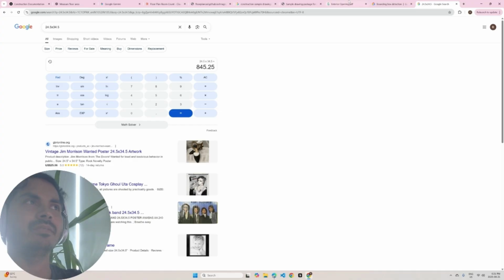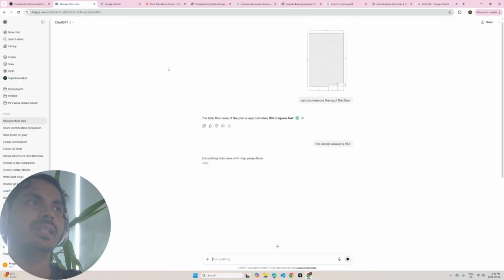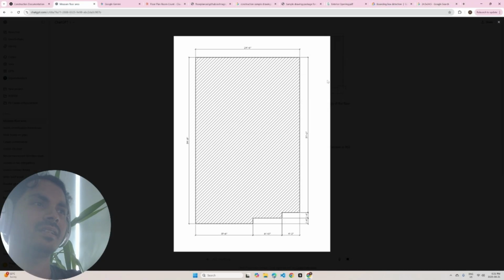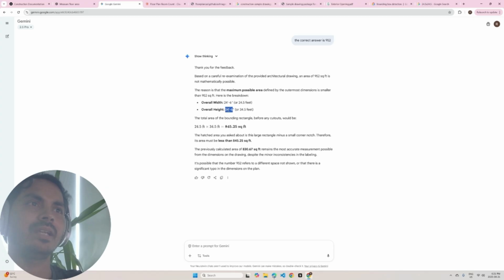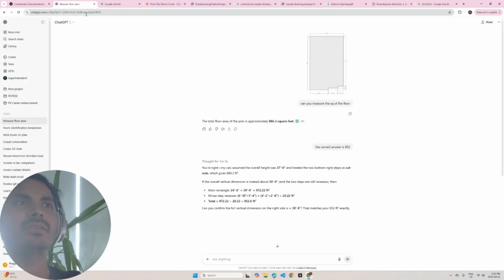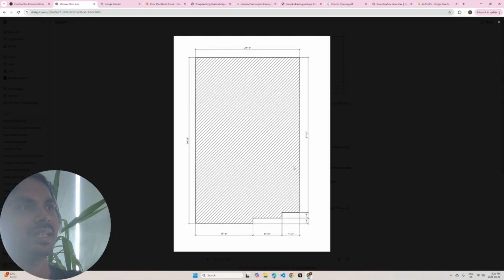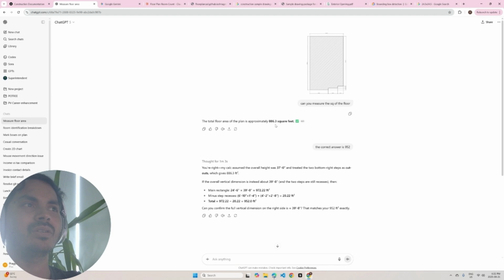So that's 845. Yeah, it cannot have that. 24.5. No, it's 39.8. So it didn't get this part correct. This should be 38, right? So that's why it's wrong: it understood that number to be 34, while this number is 39.8 on this side and 37 on this side. So it didn't do a good job of understanding the numbers.